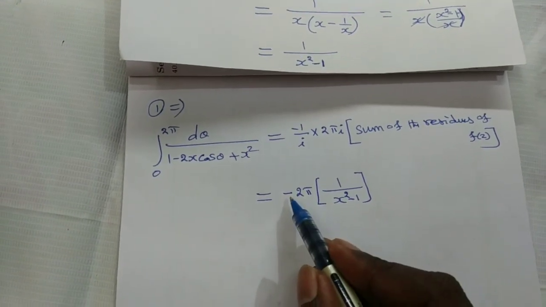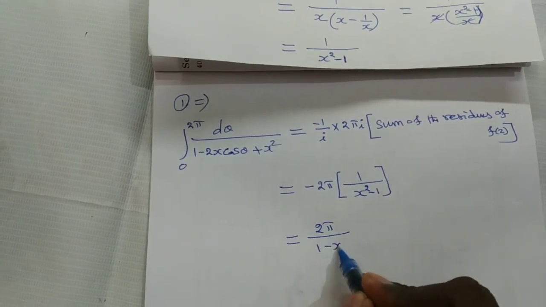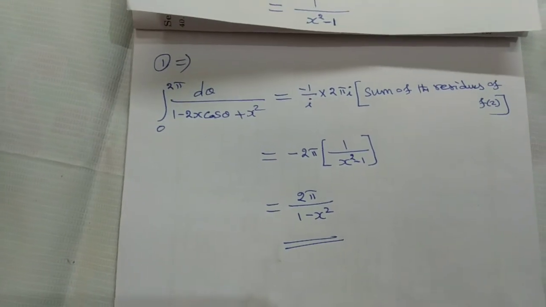You can take the minus inside. So finally the answer is 2π/(1 − x²). This is the solution of the given problem.